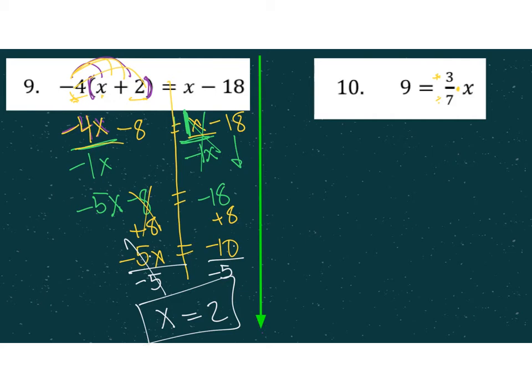So if I need to cancel the multiplication of 3, that means I need to divide by 3. If I need to cancel the division of 7, that means I need to multiply by 7. And what happens here is you essentially flip the fraction upside down and multiply. Some of you may remember the word reciprocal.